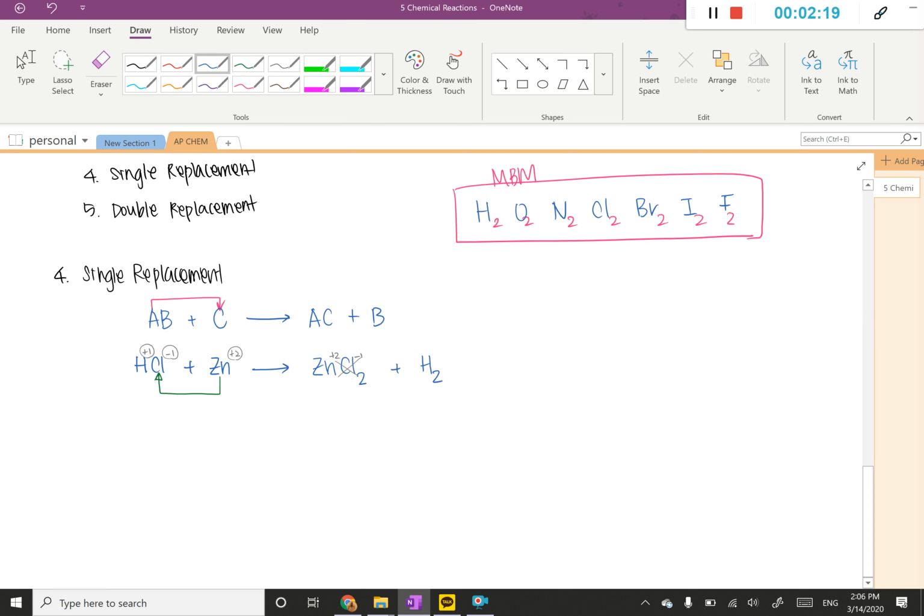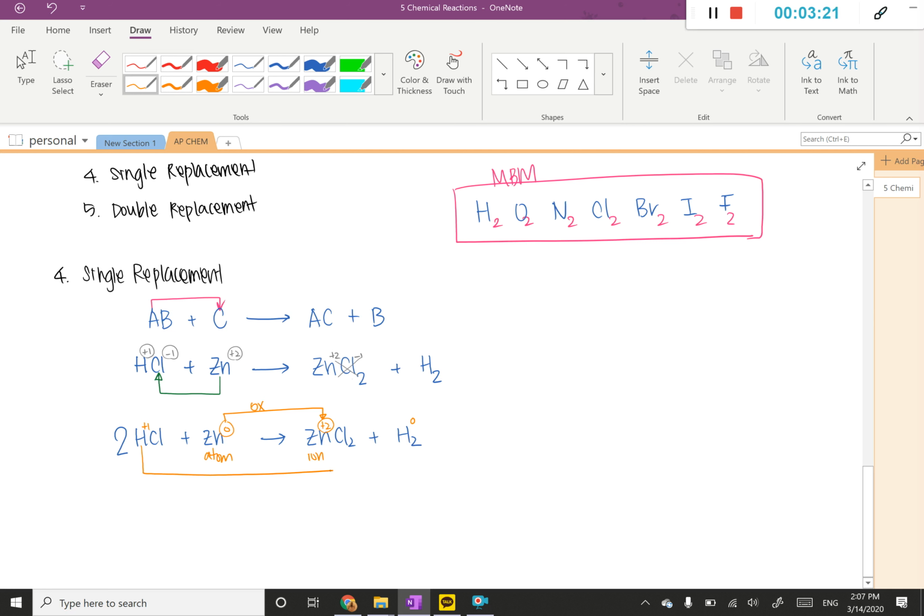What I want you to notice is that zinc here used to be an atom, but now here it has become an ion. So it is a 0 charge becoming a 2+ charge. When it goes from here to here, it's undergoing a reduction-oxidation reaction. Because it lost electrons, zinc underwent an oxidation reaction. In another sense, here hydrogen was an ion, a hydrogen ion, and here it's an atom because it's a diatomic molecule.